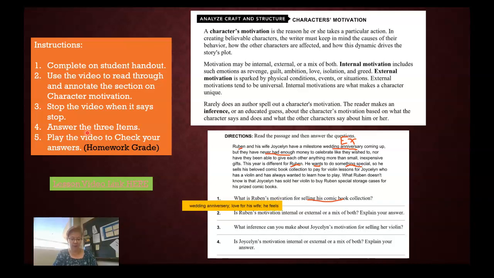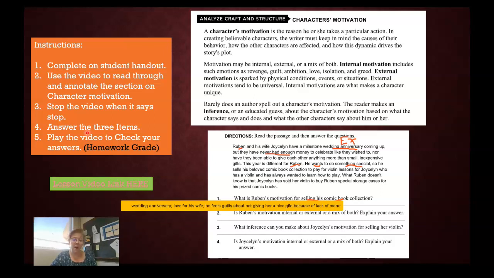He feels bad or sad or guilty. We don't know for sure, but we know he has some negative feelings. He feels guilty about not giving her a nice gift because of lack of money.